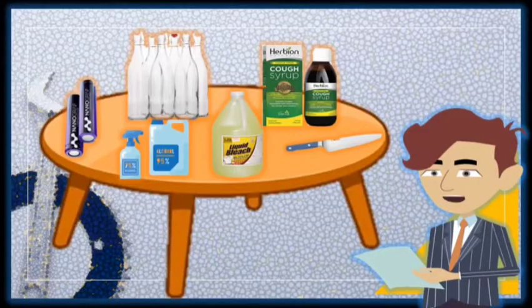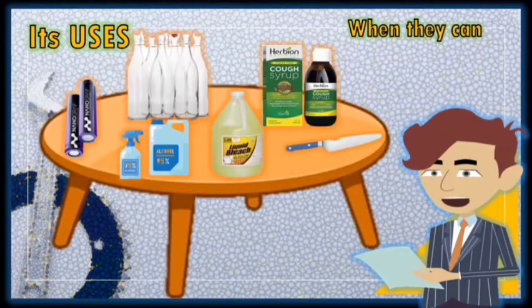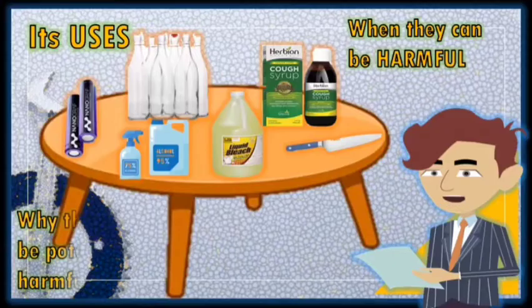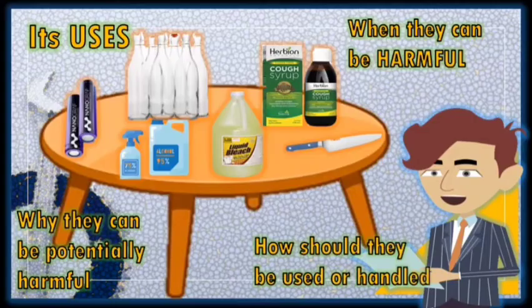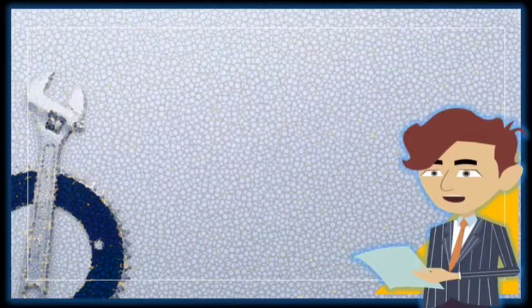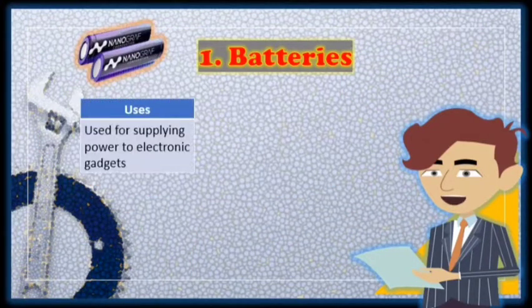It should be properly stored and kept out of their reach. Let's talk about them one by one. Let's identify its uses, when they can be harmful, why they can be potentially harmful, and how they should be used or handled. Let's start with item number 1, which is the batteries.